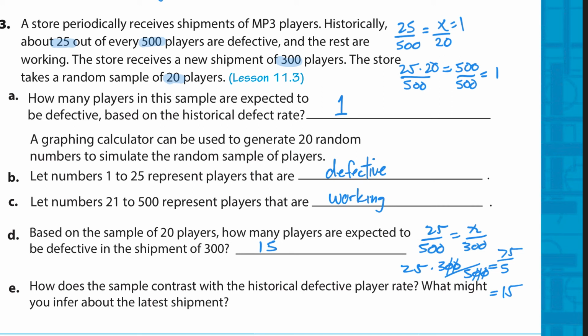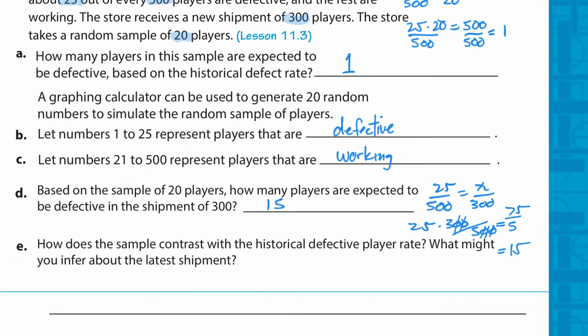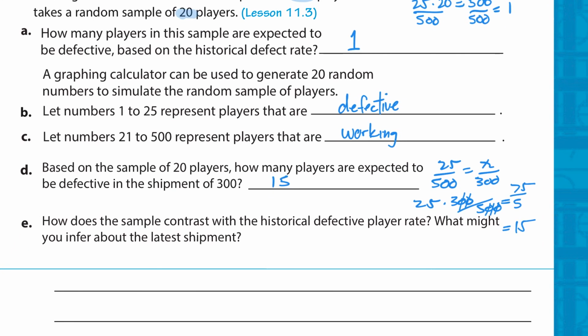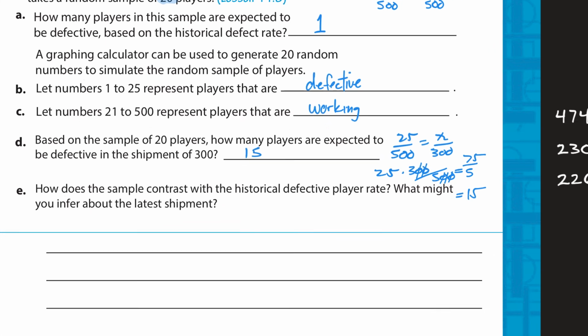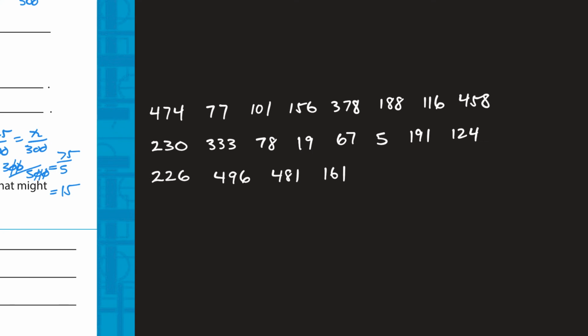And then, how does the sample contrast with the historical defective rate? What might you infer about the last shipment? Okay, so back to this. Using a graphing calculator, I generated 20 random numbers where 1 through 25 represent defective and 21 through 500 represent working players. So 1 through 25 are defective. So here we go.